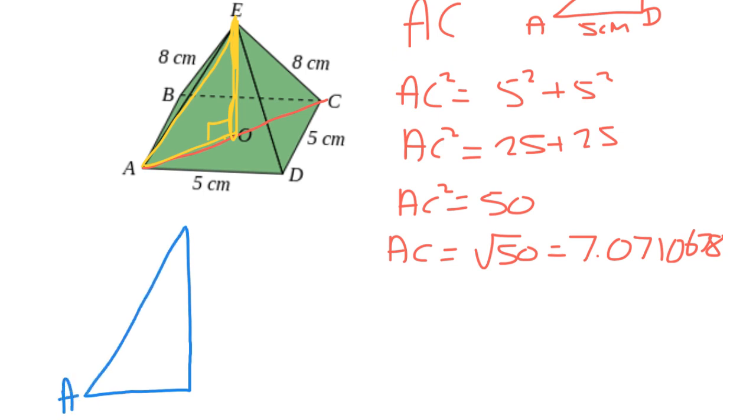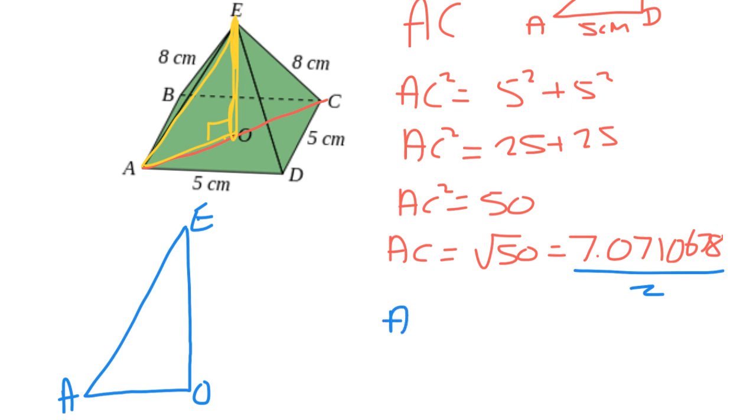So now this is point A, this is point E, and this is O. Now O is the centre. Now in the previous part of the question, I found the length of AC. I need half of that value to find point O. So I can divide that answer by 2.